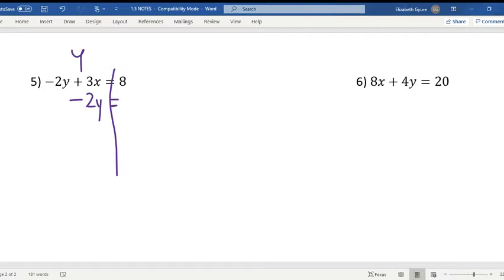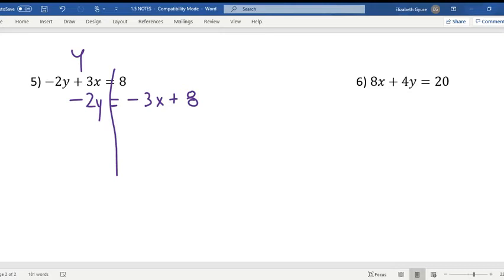Should the 3x stay or go, Alex? It's going to go and become what? A negative 3x. Good. So move it over, make it a negative 3x. And then Dallas, should the 8 stay or go? It is going to stay where it is.